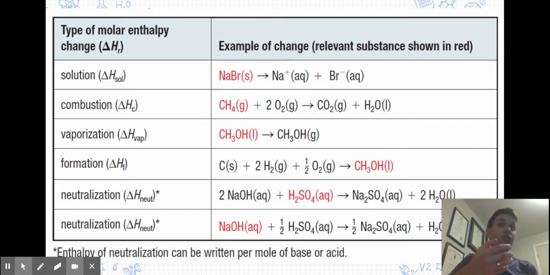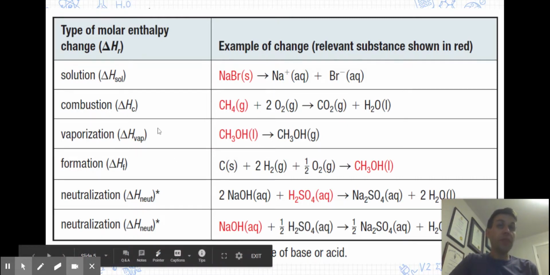Molar enthalpies of combustion: the reference substance is the fuel, 1 mole of the fuel reacting with oxygen to produce carbon dioxide and water. We've talked about the molar enthalpies of vaporization and fusion already.